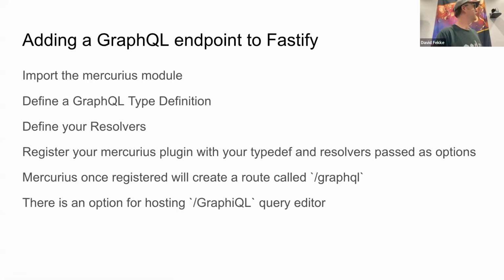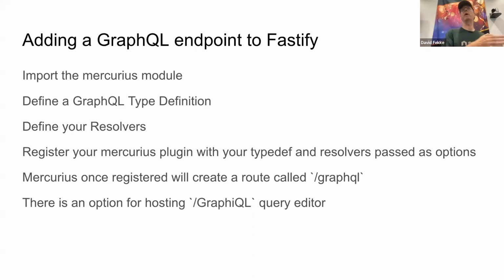So if you want to add a graph endpoint to Fastify, there's a couple of things you need to do. The first thing is to import the Mercurius module. The next thing is to define a GraphQL type definition. Then you need to define your resolvers. Once you have all that done, you can register the Mercurius plugin with the resolvers and the type definition, and it's going to create a route called GraphQL.